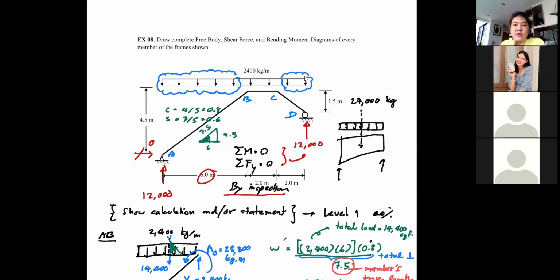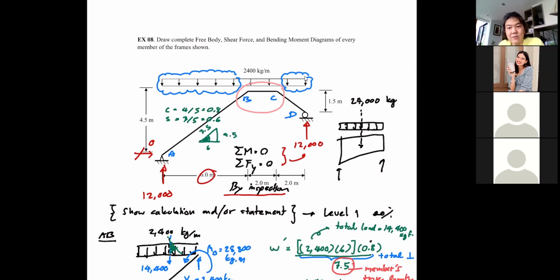Okay, and one thing that you should notice is that a member like this in the system, like member BC, there's always moment in that. Okay, you cannot have a simple beam in the system anymore unless you put the internal hinges on B and C, and then you will have a simple beam, but that will cause your structure to be unstable as well.